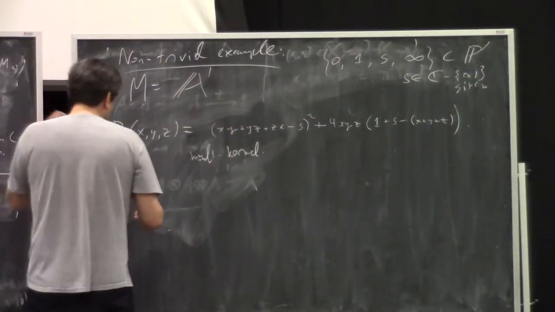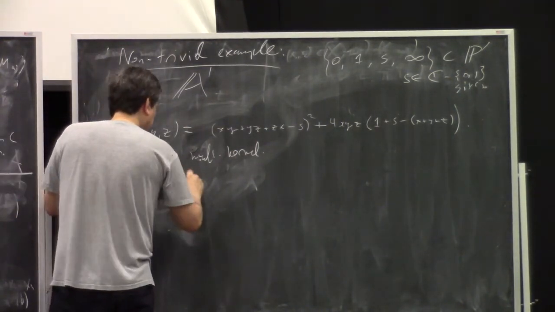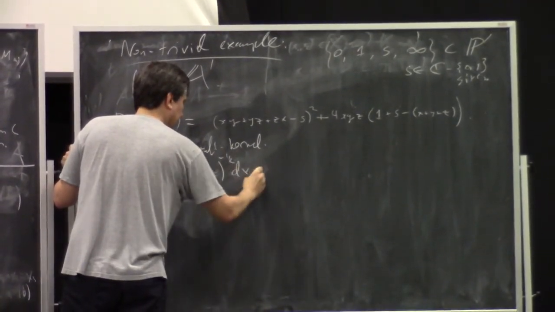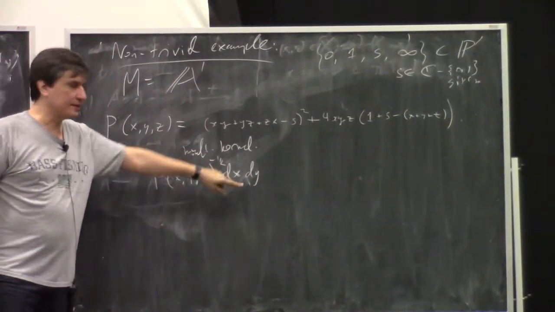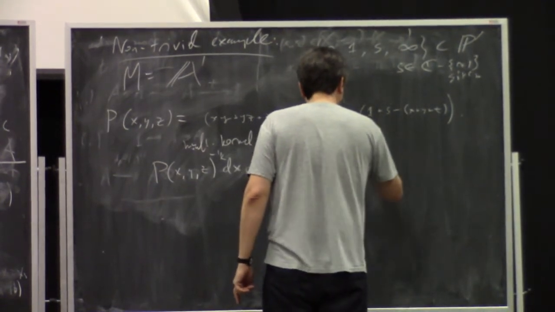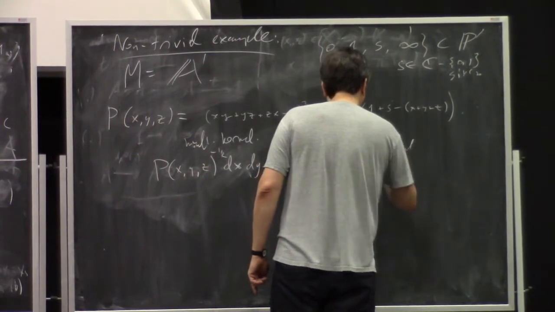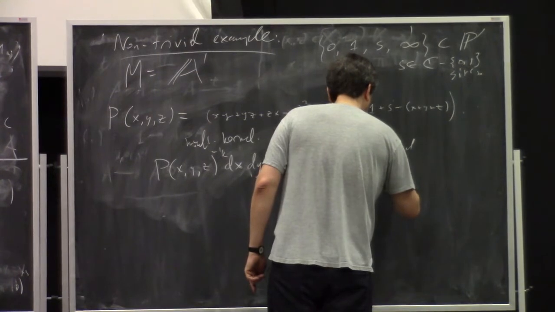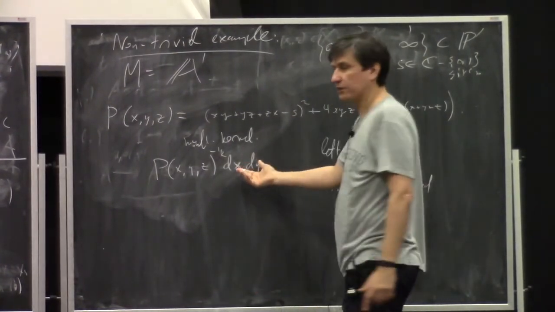And the multiplication kernel is given by the following. You consider minus square root of p multiplied by dx dy, so it will be a left D-module in the variable z and a right module in the variables x and y.